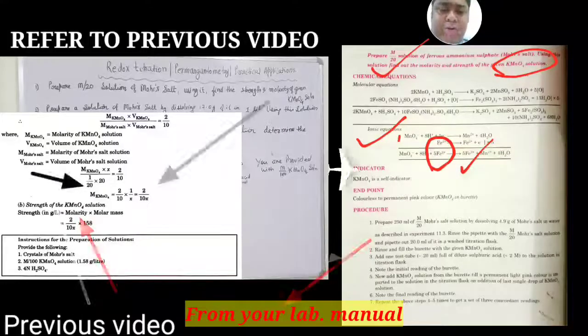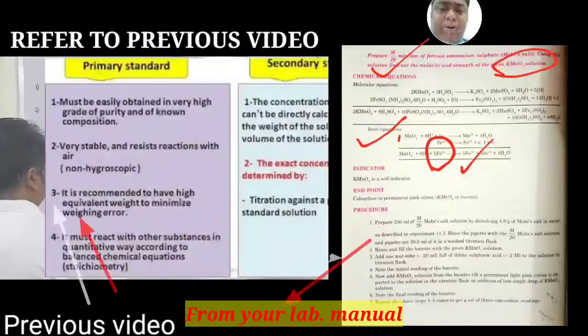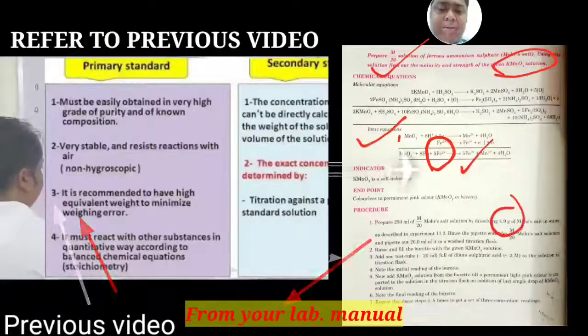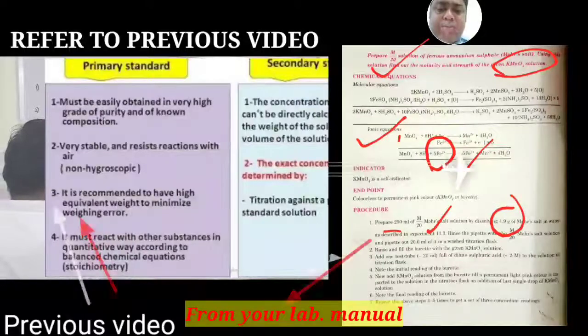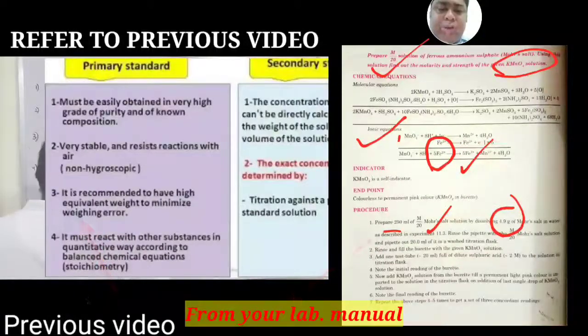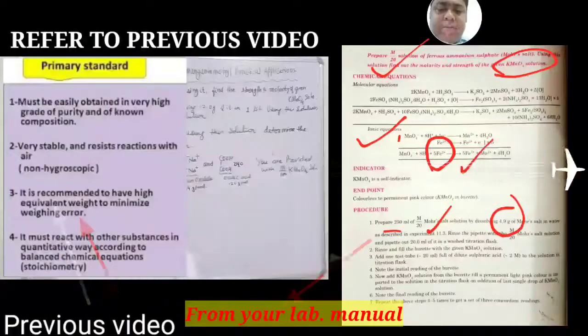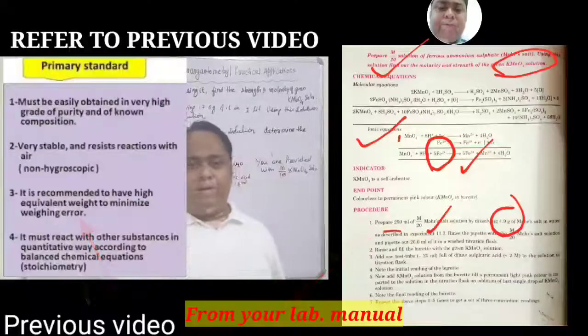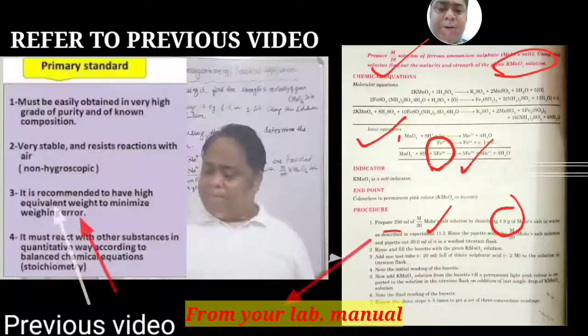So accordingly, if you calculate the amount of Mohr salt required for 250 ml to prepare M/20 strength of Mohr salt solution, you will get 4.9 gram. So 4.9 gram of the Mohr salt is dissolved in 250 ml of the solution in a volumetric flask.